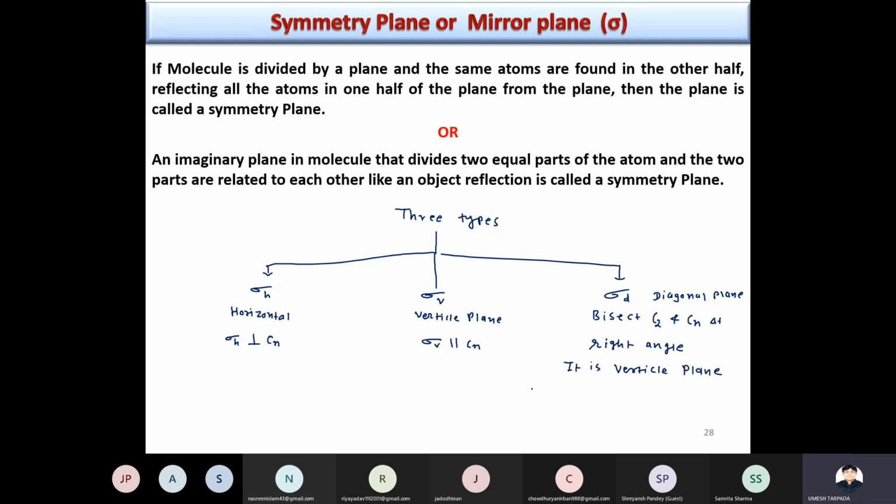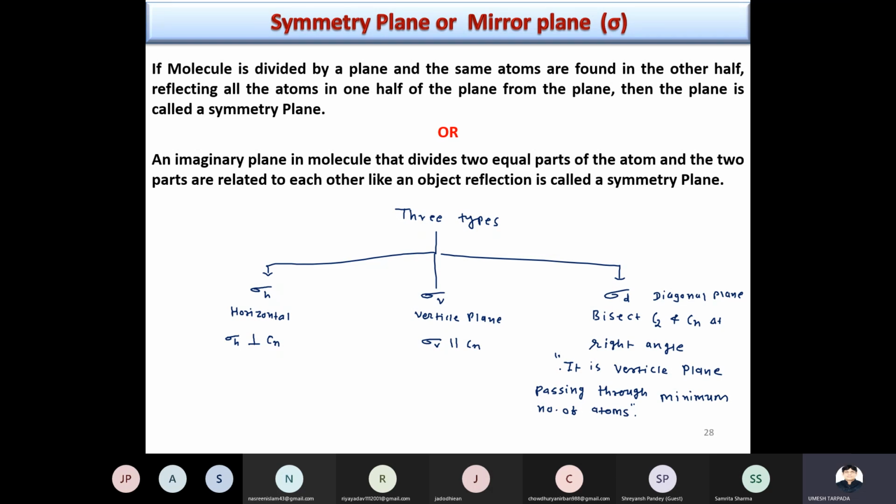But it is a vertical plane passing through the minimum number of atoms. So it is nothing but a principal diagonal plane.